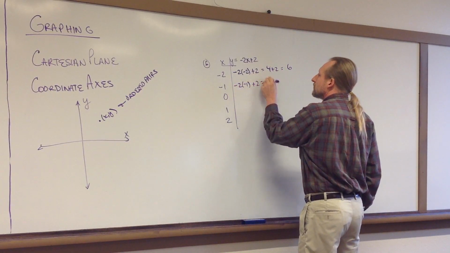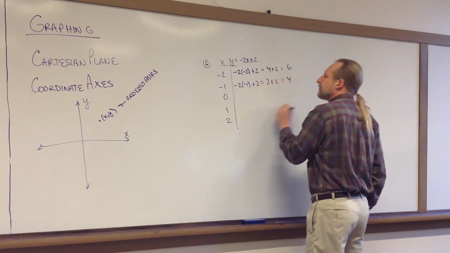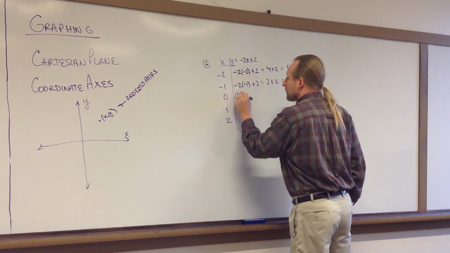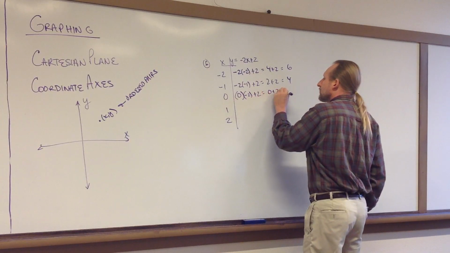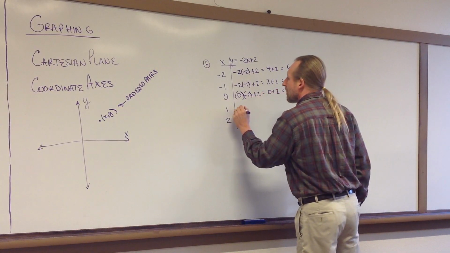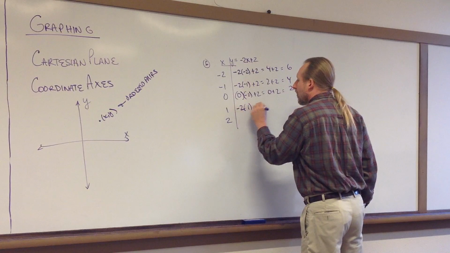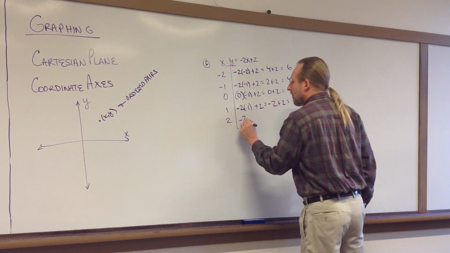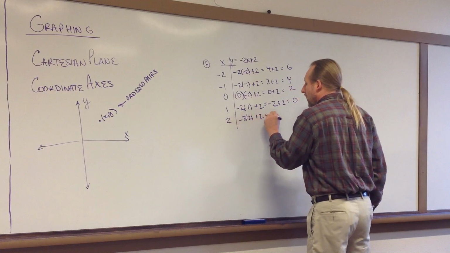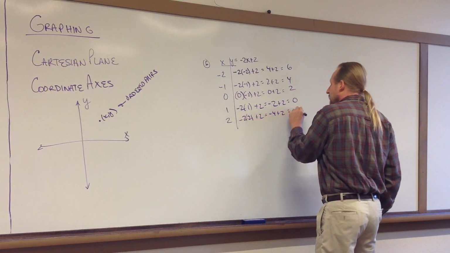Then 2 plus 2 is 4. 0 times negative 2 is 0, plus 2 is 2. Negative 2 plus 2 is 0. And then negative 4 plus 2 is negative 2.